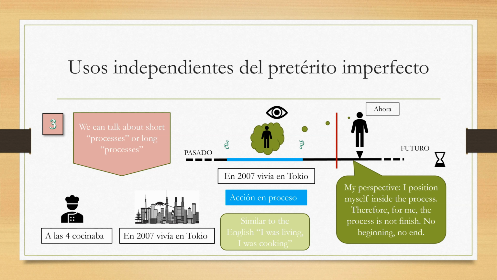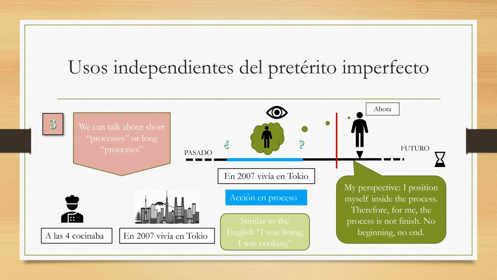Those 2 hours are telling me the beginning and the end of my action. I consider it done. Viví en Tokio 6 años. I'm not telling you exactly when, but I'm telling you that the action finished. So my perspective is different, isn't it?